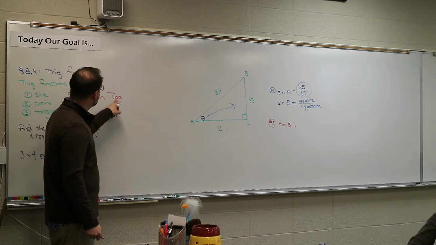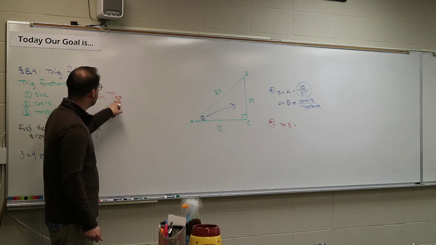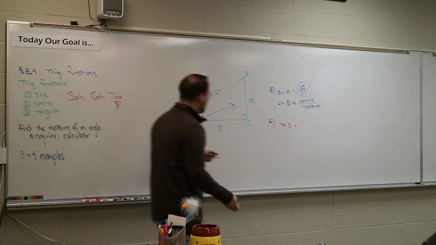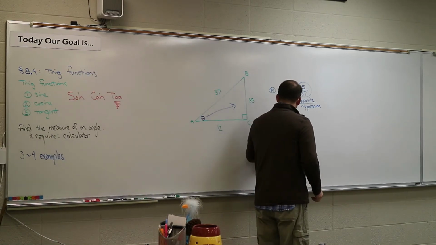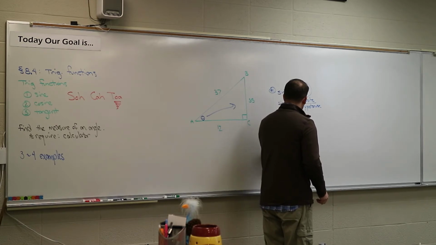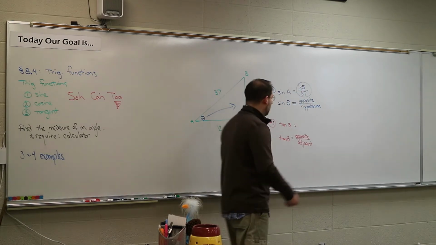What's TOA mean? Opposite and adjacent, right? That's what the O and A stand for in that formula, so opposite over adjacent. Remember, the second letter goes on the top, third letter goes on the bottom. So for tangent of an angle, whatever that angle is, it's opposite of that angle over the adjacent, right? That's the formula that we've been using since yesterday on how tangent works.